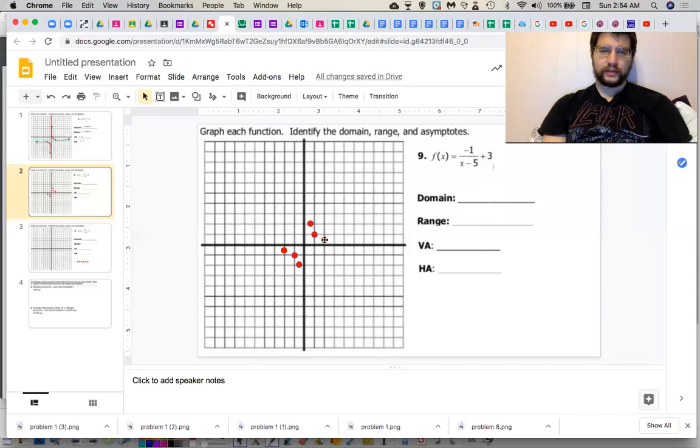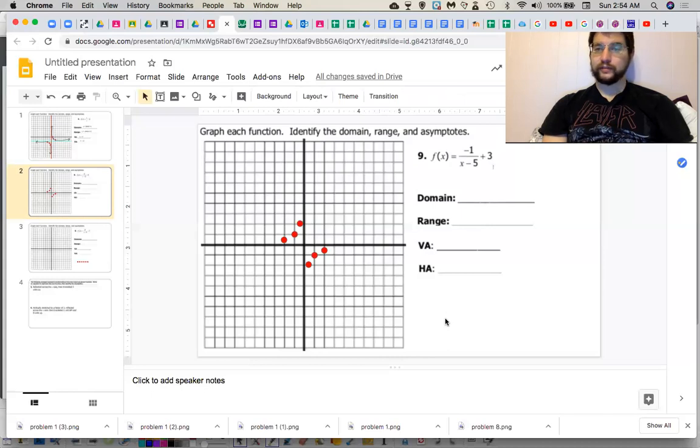So this one's going to go right here. This one's going to go right here. This one's going to go right here. This one's going to go up here. It's going to go up here. And this is going to go up here. I'll move these a little bit, try to make it a little neater.